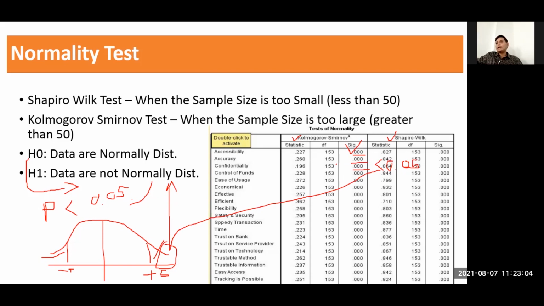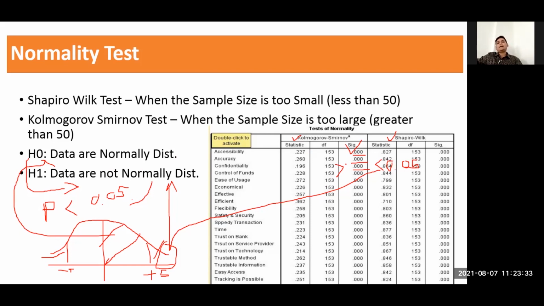If these values are greater than 0.05, then you are falling under the acceptance region. Acceptance region means we are talking about the null hypothesis. So if your p-value is greater than 0.05, your data proves the normality, and with the Kolmogorov-Smirnov value greater than 0.05, you can use the parametric test.